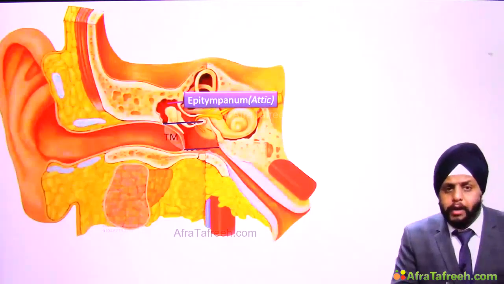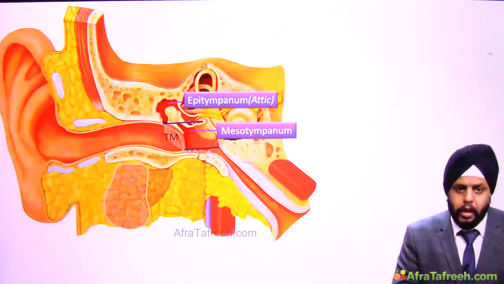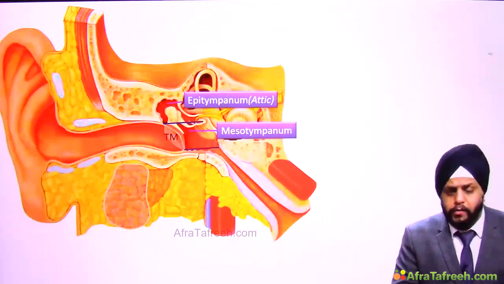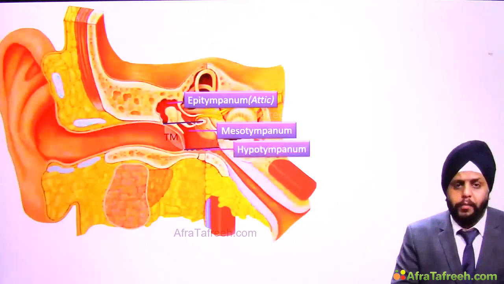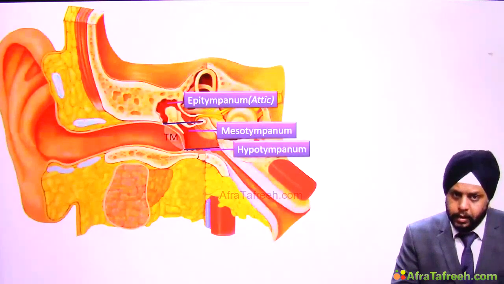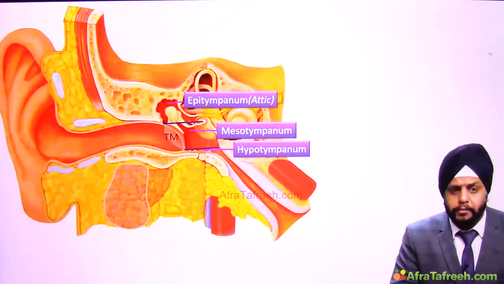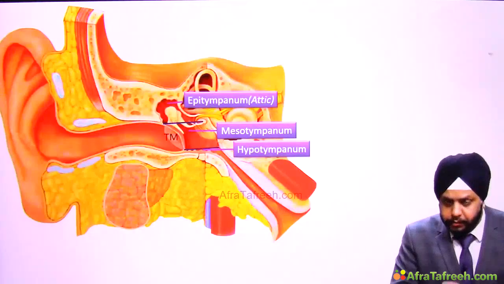Then in front of the tympanic membrane, we have the mesotympanum. And below the tympanic membrane, there is a very small part that's known as hypotympanum. So 3 parts: epitympanum, mesotympanum and hypotympanum. The lateral wall of the middle ear is by tympanic membrane.